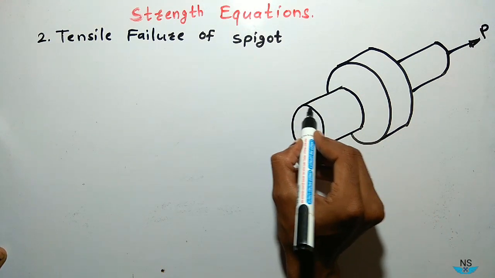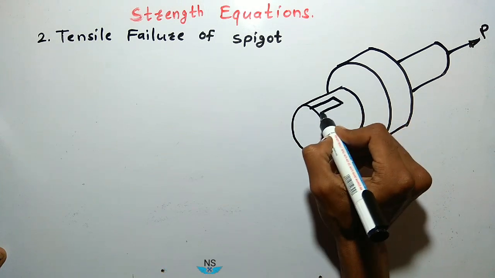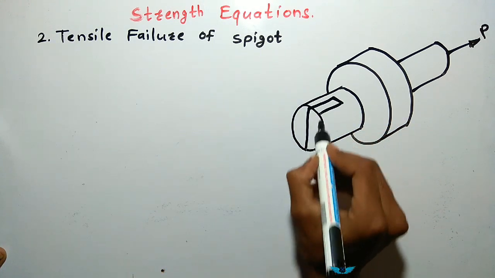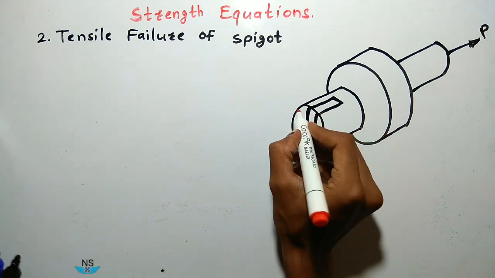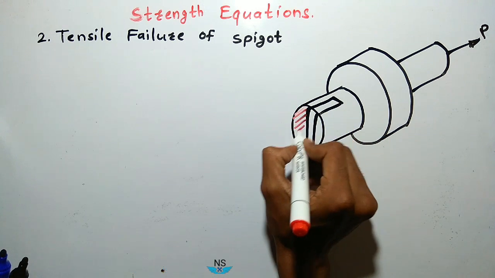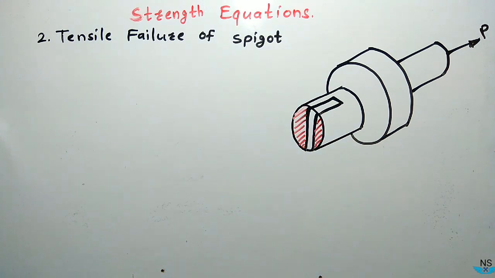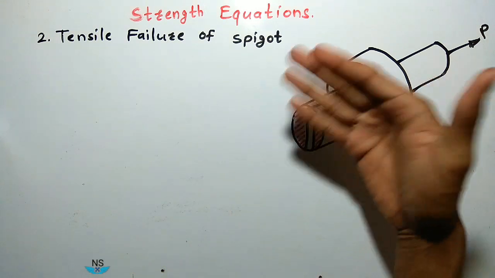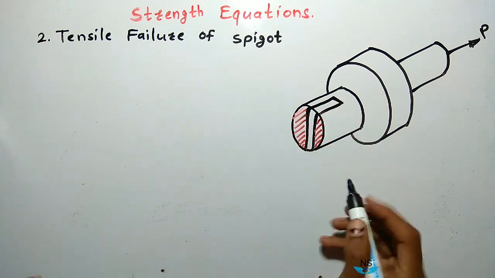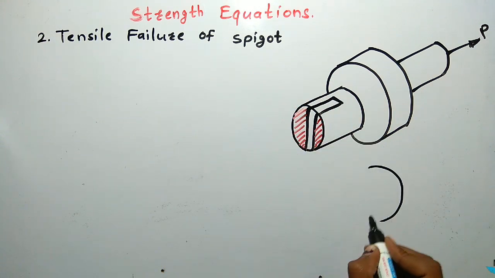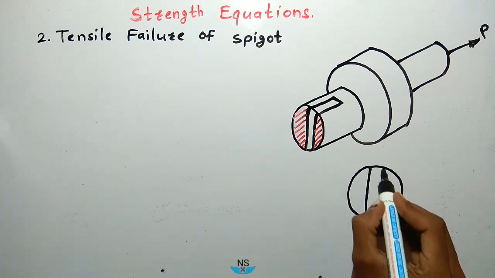Due to this, let us see how the failure will take place. So this is the slot. This is our failure area. Like this, failure will take place. So how will this area look? Let us see.